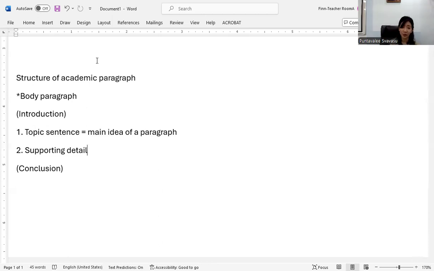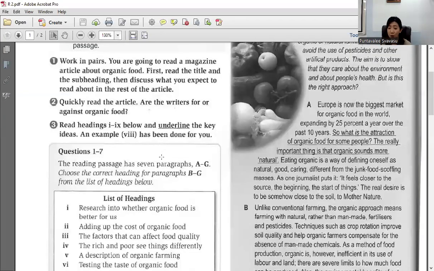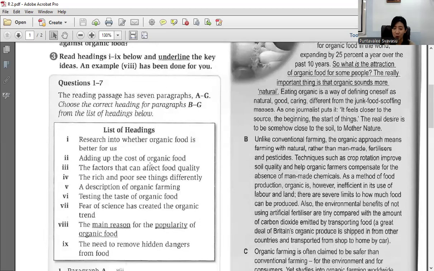So when you try to do these tags, type matching heading, it basically means they want you to find the main idea of a paragraph and then match it to the main idea. Okay, so back to the tags. Before I tell you the answer, what you should be doing is trying to find the main idea and then matching it with the choices that they have.